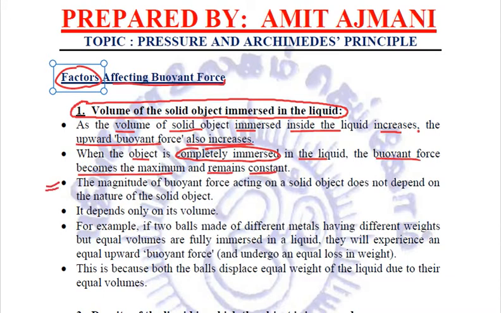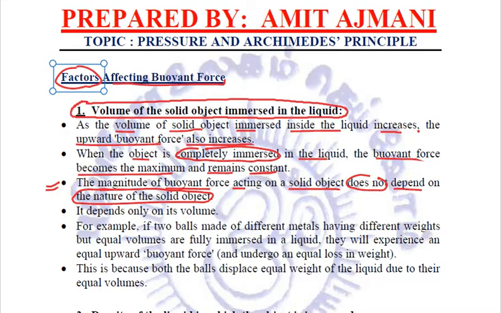Quite an important thing is that the magnitude of the buoyant force acting on any solid object does not depend on the nature of the solid object. The object may be made of plastic, or wood, or cork, or leather, or iron.